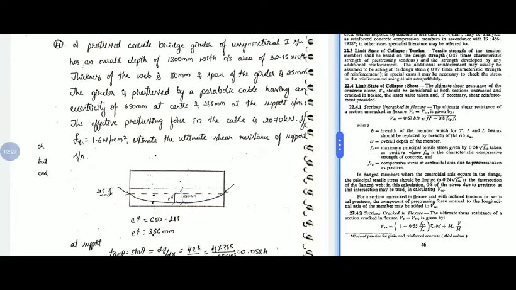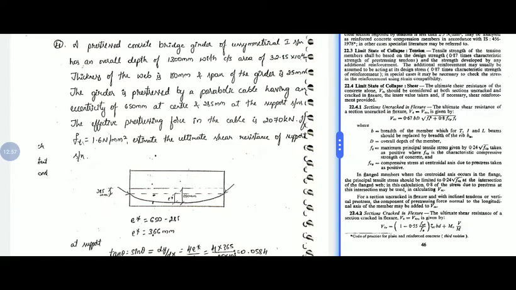Thickness of the web is 150 mm and span of the girder is 25 meter. The girder is pre-stressed by a parabolic cable having an eccentricity of 650 mm at the center and 285 mm at the support section. The effective pre-stressing force in the cable is 2070 kN. If ft equals 1.6 Newton per mm square, estimate the ultimate shear resistance of the support section.